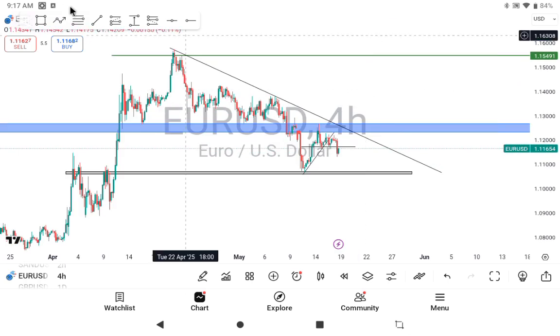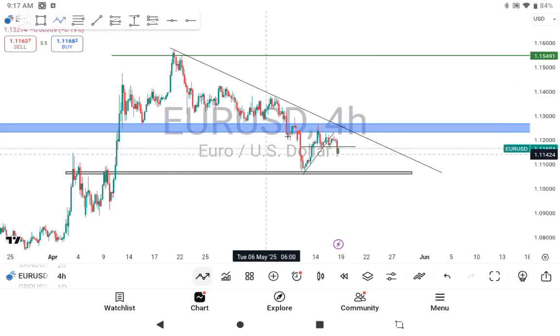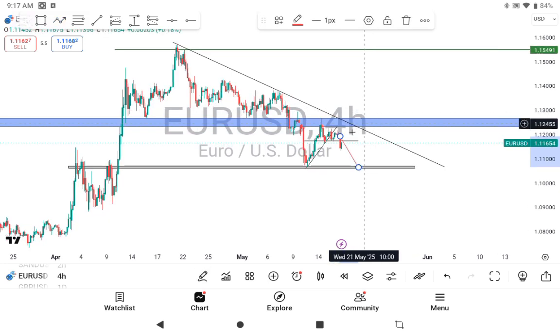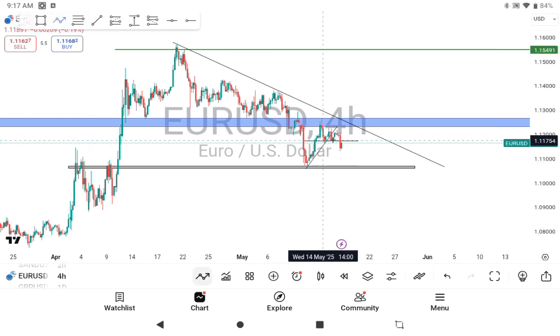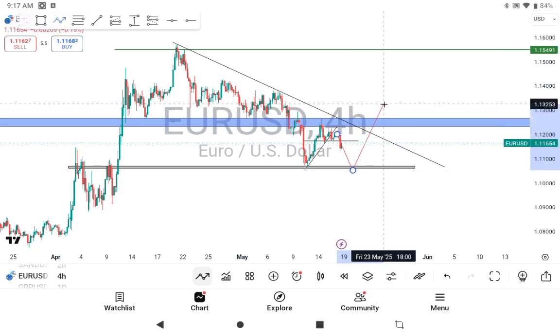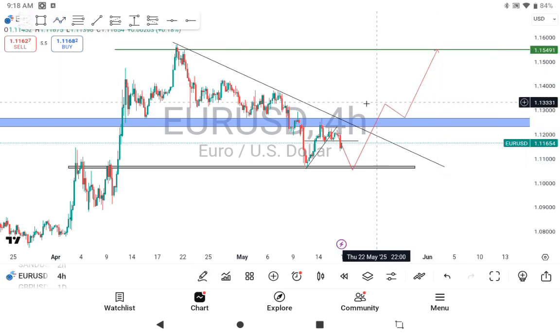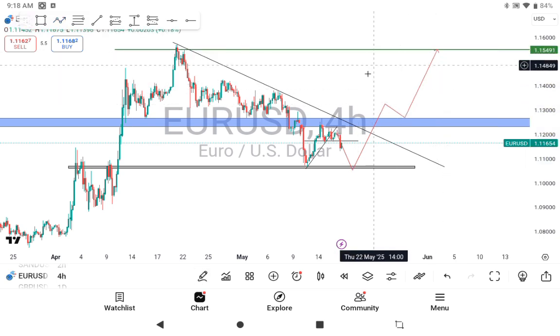Now what I'm expecting on Euro USD is something like this. If this level should hold, it's coming like this, if it should hold for a double bottom right here, it's coming like so. A retest right here, pullback, and Euro USD will attempt this support level, this resistance level again.